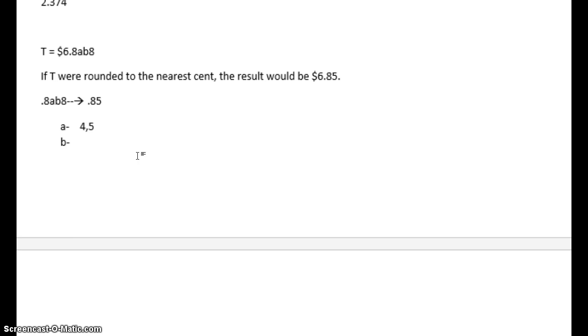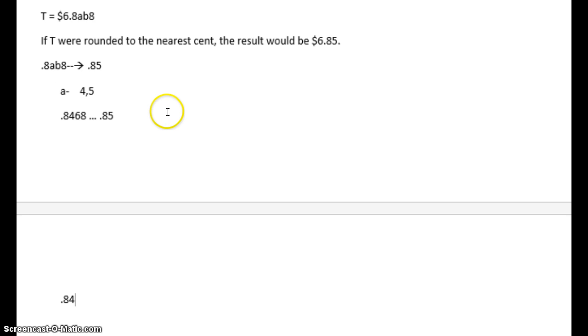We can have 0.8468, which would be rounded off to 0.85 if you're rounding off to the nearest cent. 0.8478 would also be rounded off to 0.85, and so on. 0.8488, even 0.8498, all of them would give us 0.85. 0.8518 would also give us 0.85.